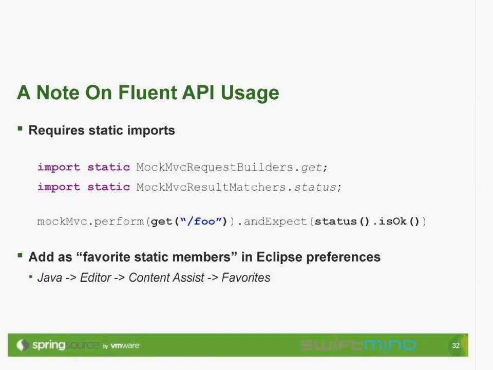And one more tip here for Eclipse users in particular: if you go into the Eclipse preferences, you will find a section where you can define favorite static members, and you can add these types there, which will make it easier for you to use Ctrl+Space in the source code while you're editing this, so that way you won't have to go up and type the static import before you can use it.